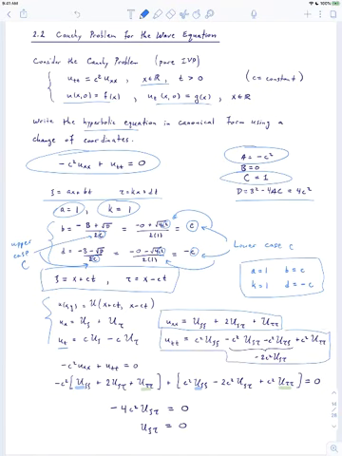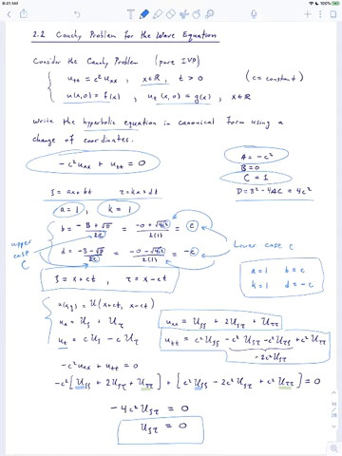So if you plug those into the wave equation and simplify it, you get the canonical form, which in this case is just the mixed partial derivative of capital U. And we know that that's the case because that's the canonical form for a hyperbolic equation.